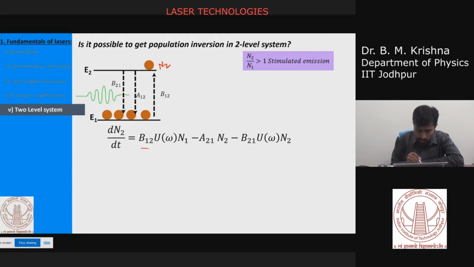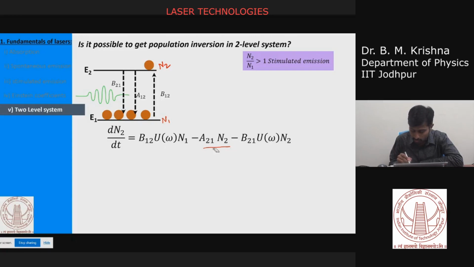Your B12, it is your incident radiation, also plays a role here, as we discussed in the previous classes, and the total number of atoms in the ground state. So that is the first term, and the second term is due to your spontaneous emission. Now, if you see, the number of atoms de-excites, because you are calculating over time, in this process some number of atoms will be de-excited, that we are accounting. It has a negative sign because the atoms are losing the state E2.